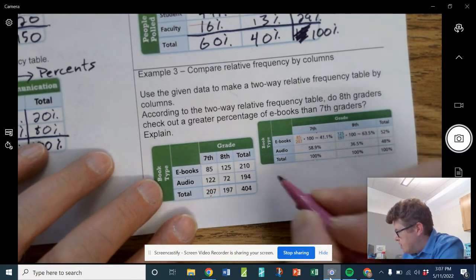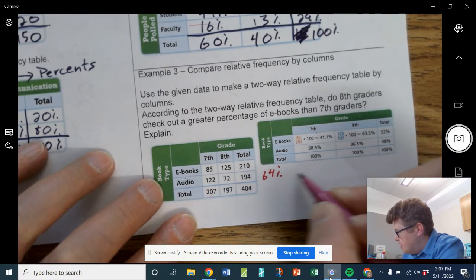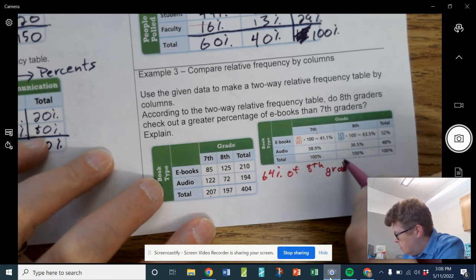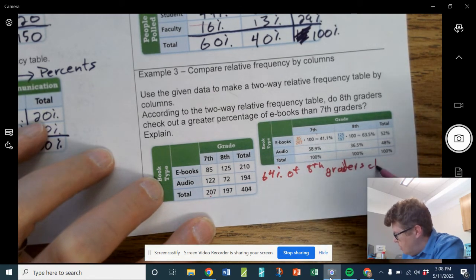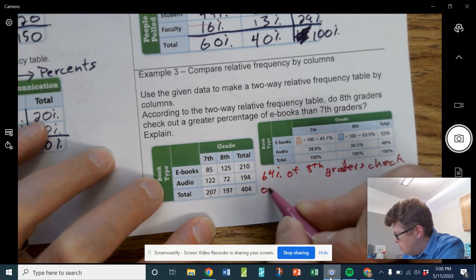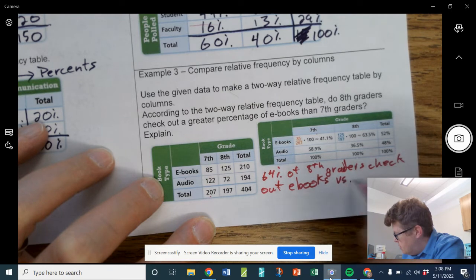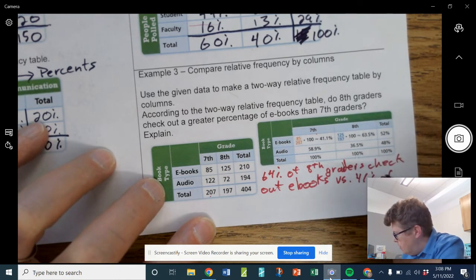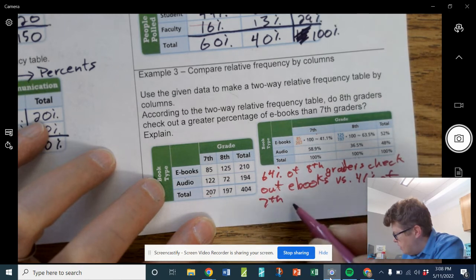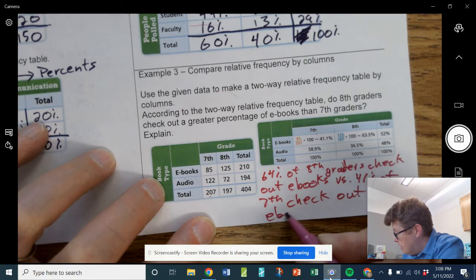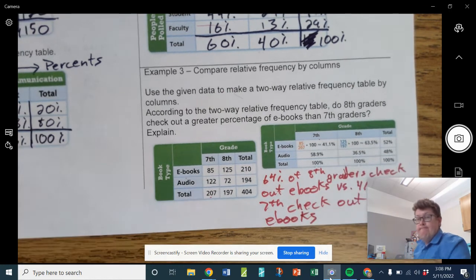So we could say 64% of 8th graders check out ebooks versus 41% of 7th graders check out ebooks. Yeah, there we go. Okay. That's how you do it, guys.